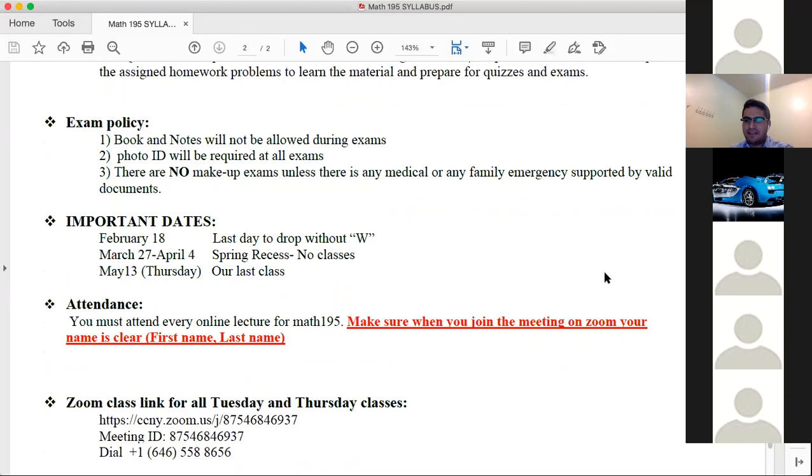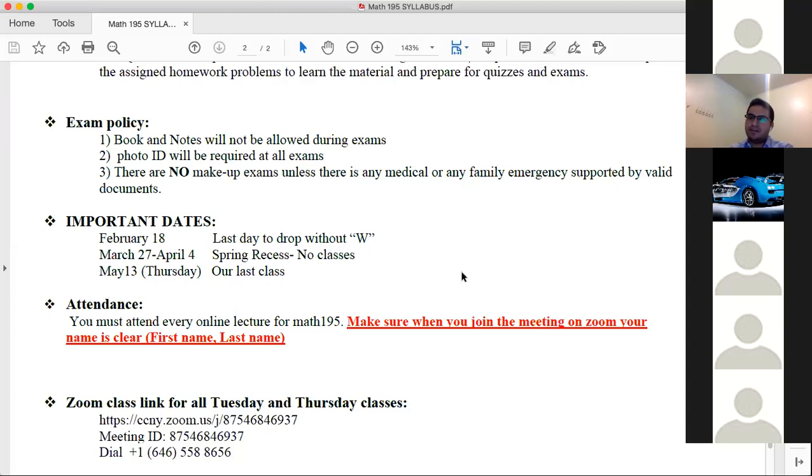If you don't have a CCNY ID, you can at least show me any ID, to make sure you are a student in my class. So you mean we will be showing our ID to you on the exam? Yes, show me your ID.